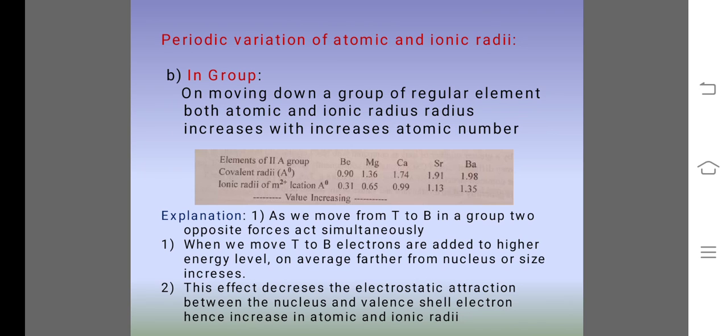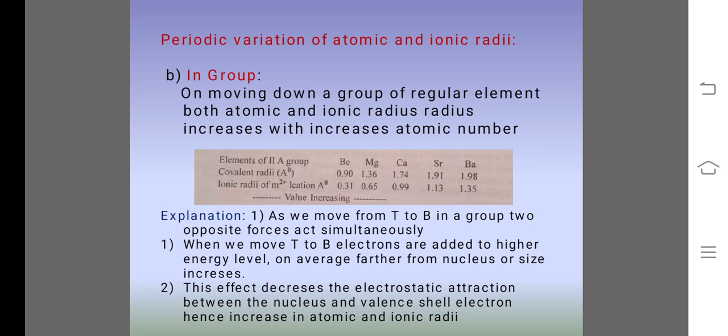And ionic radii are 0.31, 0.65, calcium 0.99, strontium 1.13, and barium 1.35. It means that the value increases when you go from top to bottom in a group.